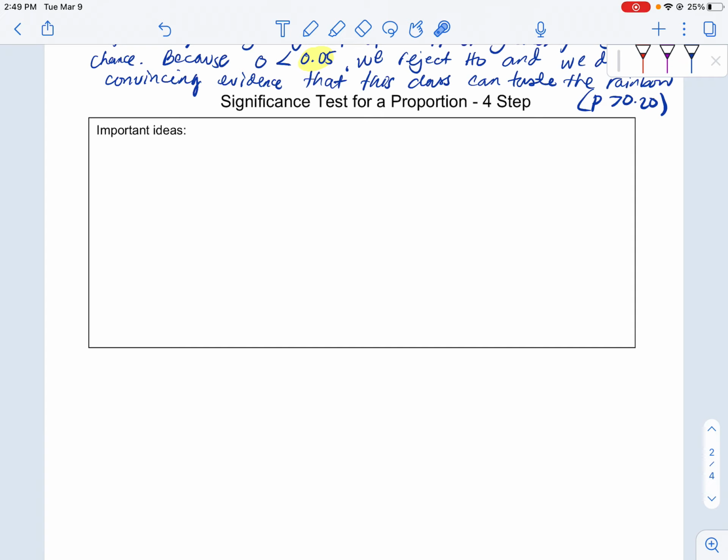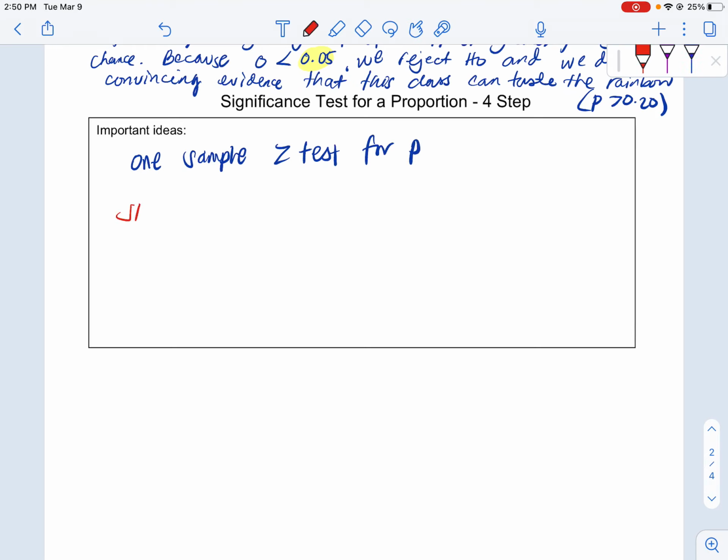So let's do our important ideas section. What did we learn? We need to make sure that we do state, plan, do, and conclude. And the formula for the one-sample z-test for p. Let's put the formula here.